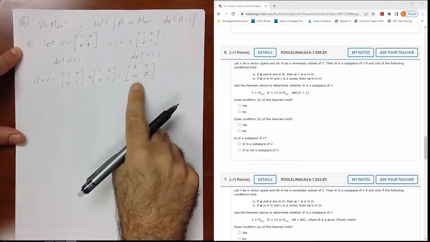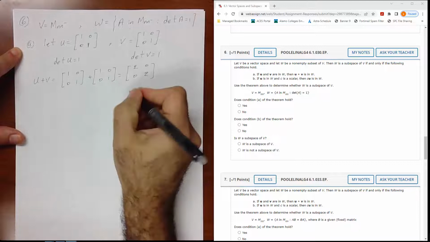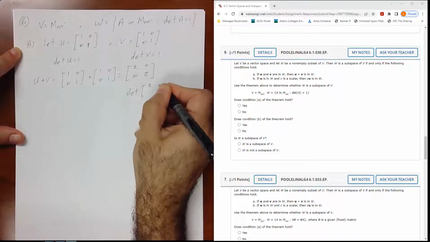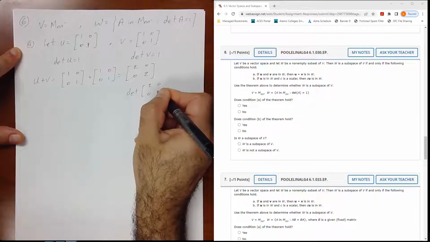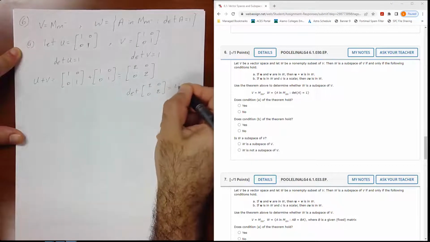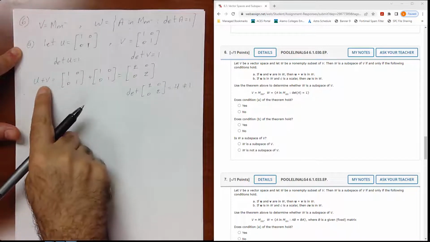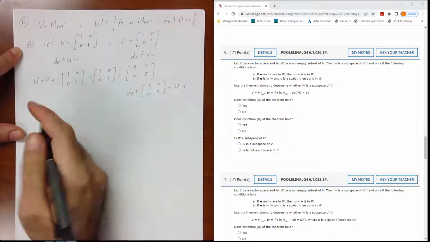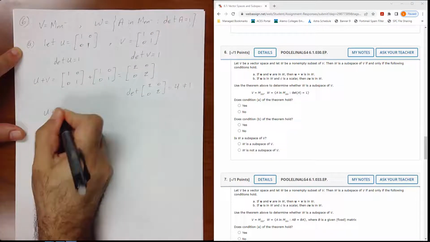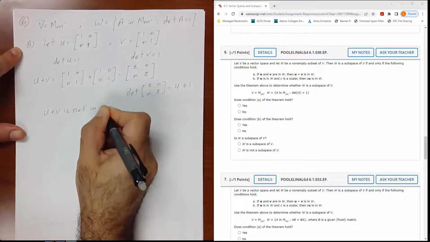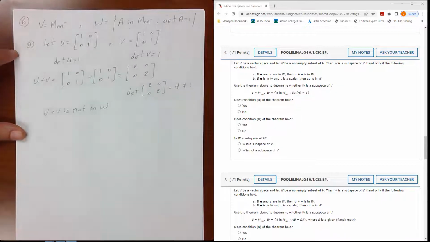The determinant of the new matrix is going to be 4, and this is not equal to 1. That means U plus V does not belong to W. So the first condition is not satisfied, and we're just going to choose no. Let's check the second one.